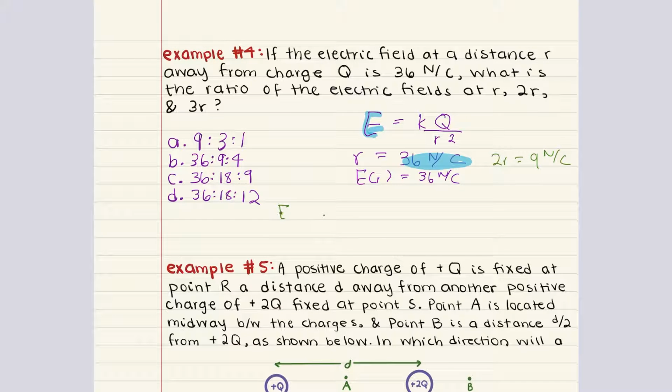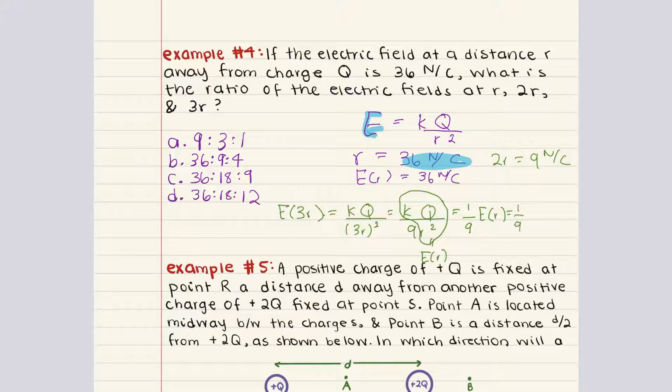So we're going to write our electric field at a distance of 3r is going to be equal to kQ divided by (3r) squared. This looks like kQ divided by 9r squared. Now this part of the equation looks like our expression for the electric field at distance r. And then what's left is 1 over 9. So this is 1/9 multiplied by the electric field at distance r.